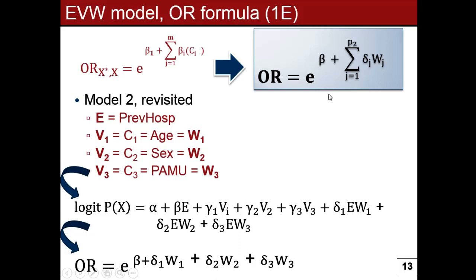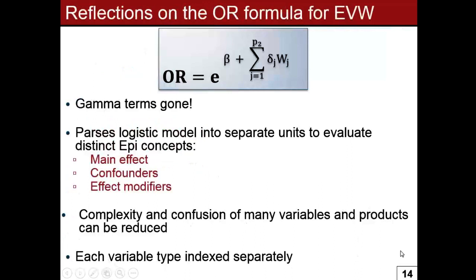So what's really nice is you can just say, oh, I've got V terms, I don't need these for the odds ratio. Oh, I've got three EW terms, I'm going to need these for the odds ratio. So you very quickly see what you need and what you don't. The beauty here is the gamma terms are gone. Now this model just separates things into distinct concepts.